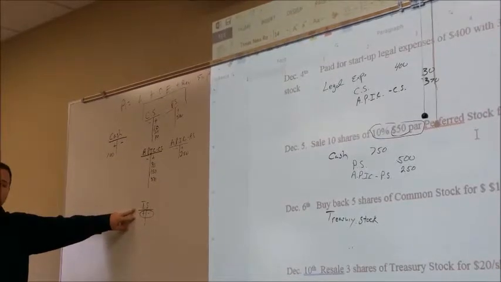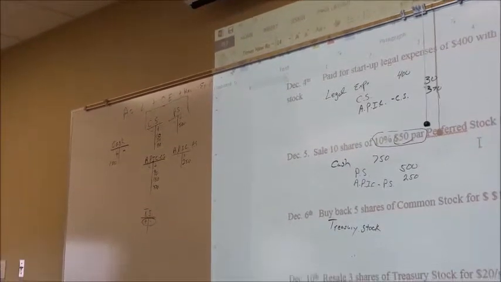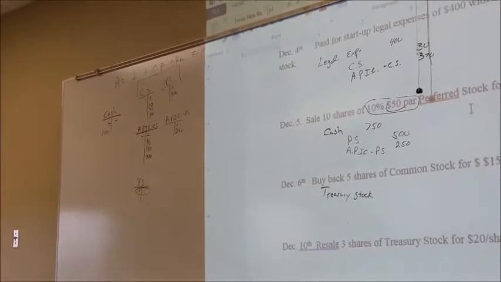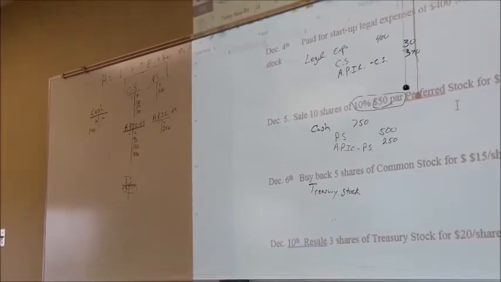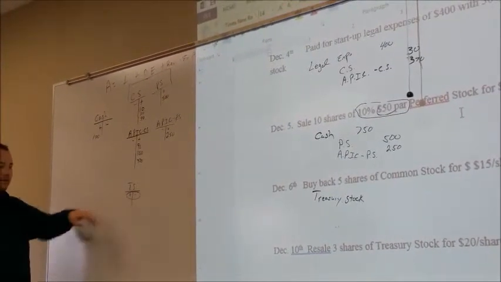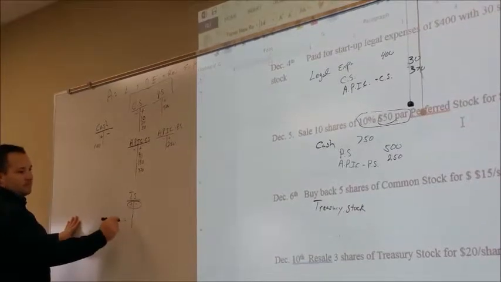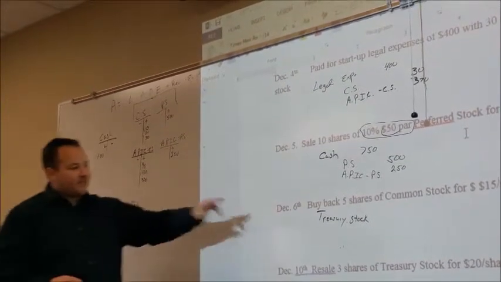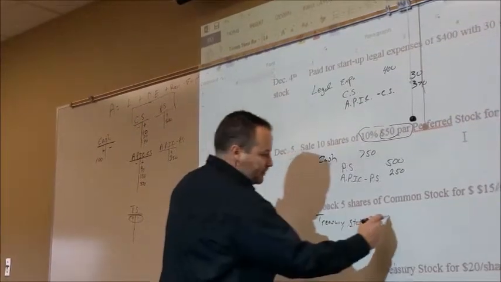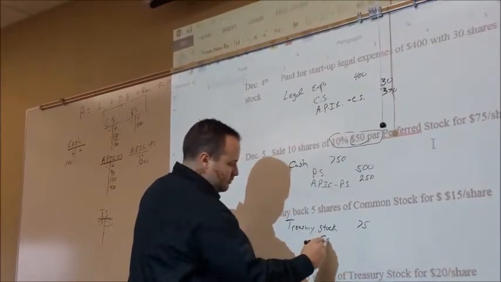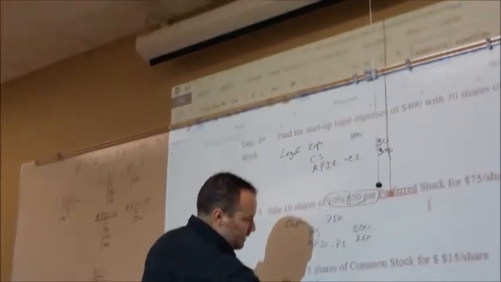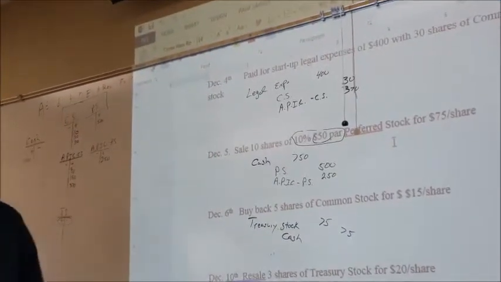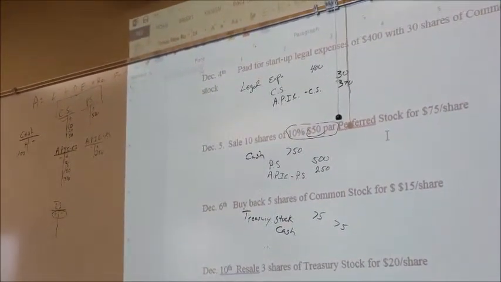It's people giving back stock. They're no longer owners anymore. So that's why it's a contra. And I bought back 5 shares at 15 each. I would have had to pay those owners cash.